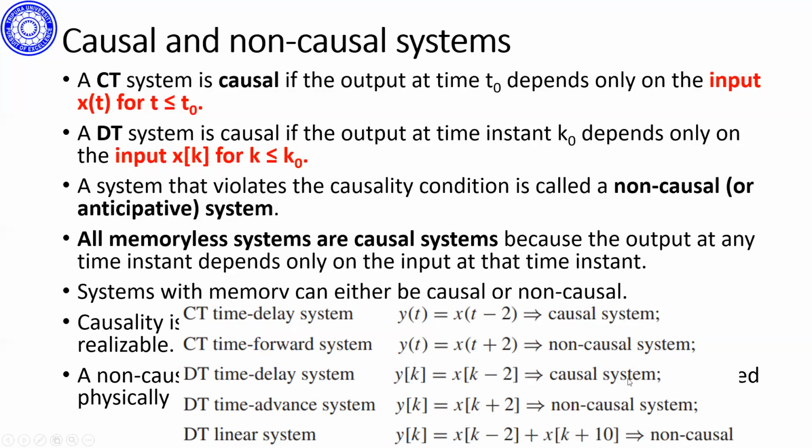Similarly, for time delay it is a causal system, and where we have time advance it is a non-causal system. And in a discrete system where you have x[k minus 2] and x[k plus 10], because of this plus kind of situation we have inputs which will come in the future, so we have to predict them, it is anticipative, so it is non-causal.